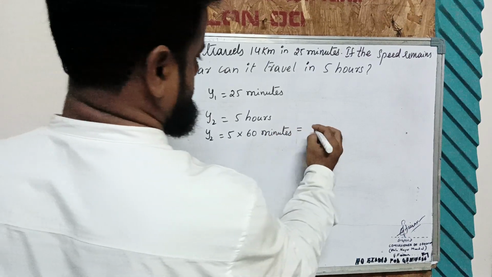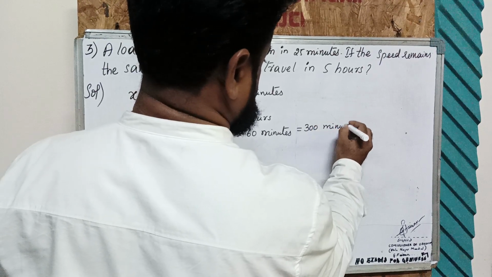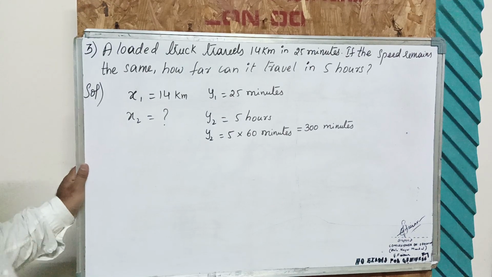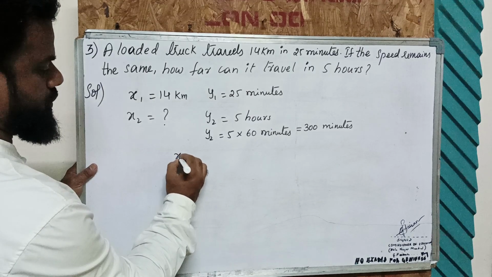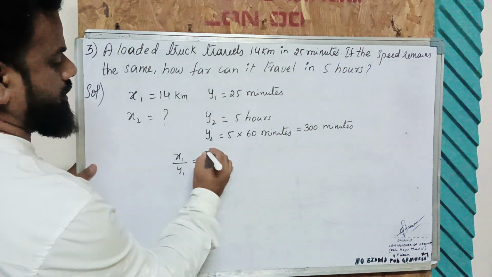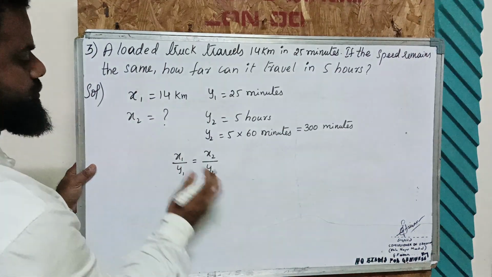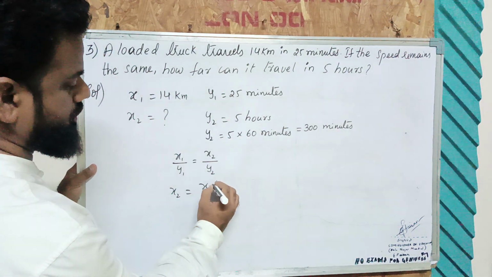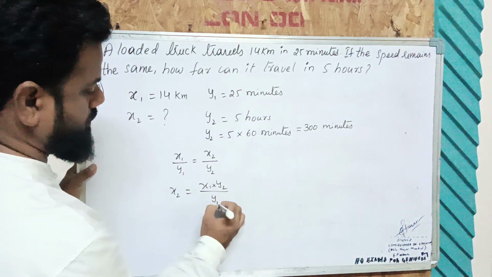So 5 into 60 is 300 minutes. Okay. So the question is of direct proportion. So the formula is x1 by y1 equal to x2 by y2. We have to find x2. So x2 will be equal to x1 into y2 divided by y1.